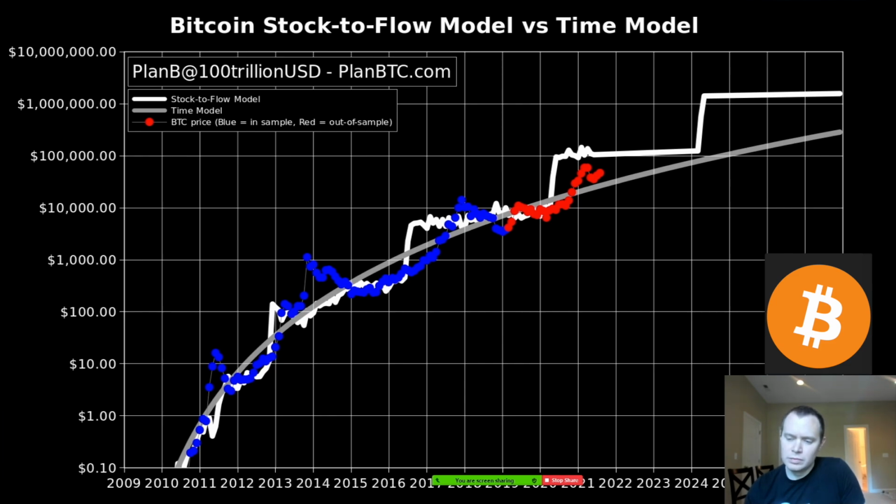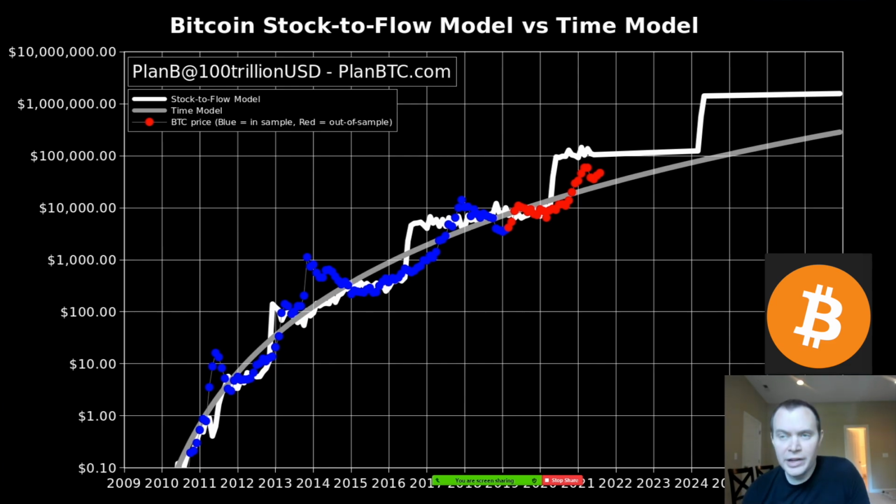Even if I would fit it now, including the red dots on this chart, which all came after I made the model, that would not change the model at all, and it would probably change the gray line only a little bit. That's why I think it's a little bit better, and that's why I went with it.